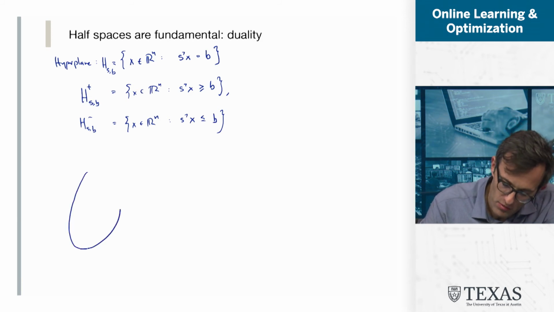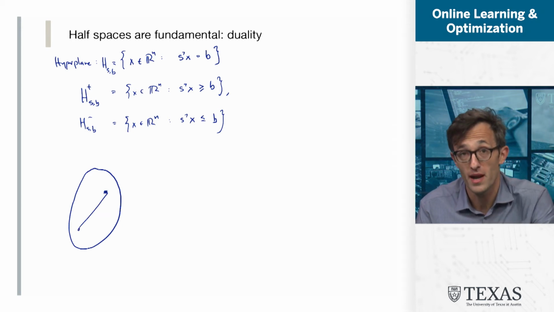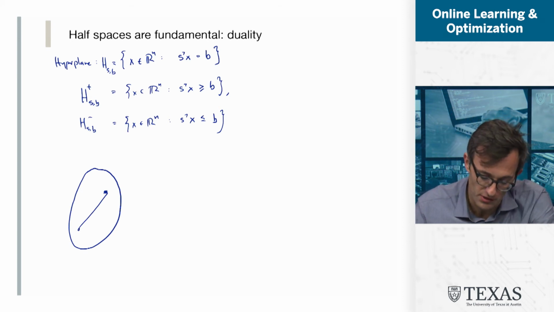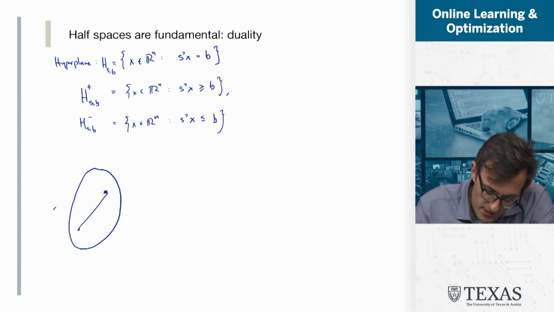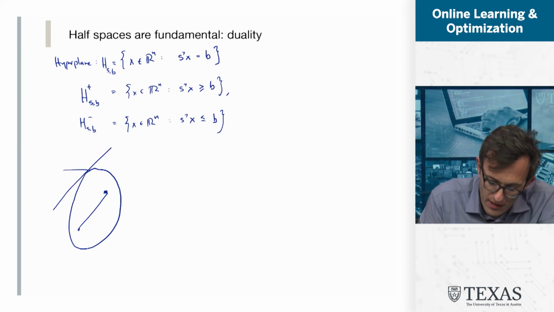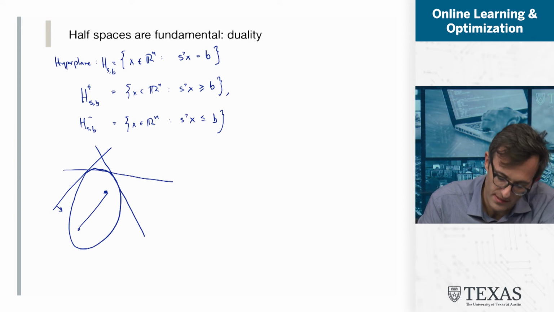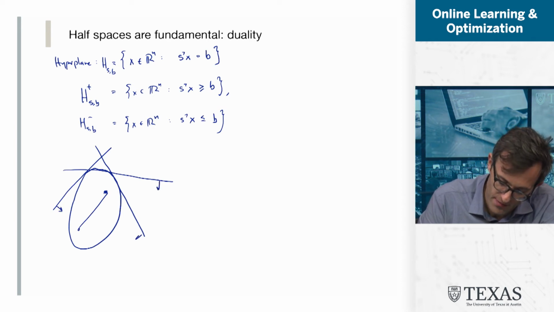A few slides ago, we defined a convex set in terms of points inside of it. They have to satisfy this property that for any 2 points, the line segment between them is also part of the set. But you'll notice that I can carve out any convex set using half spaces. Here I'm drawing half spaces, everything to this side, everything on this half, everything on this half.